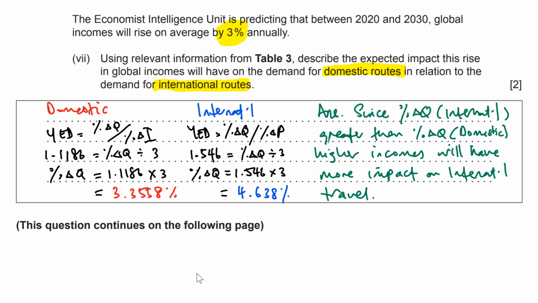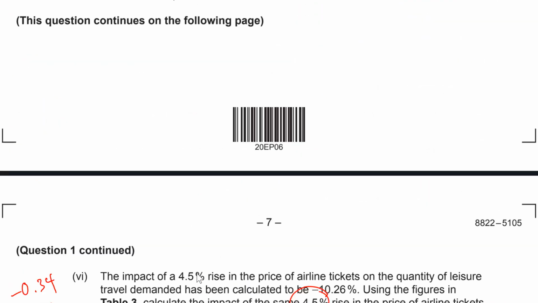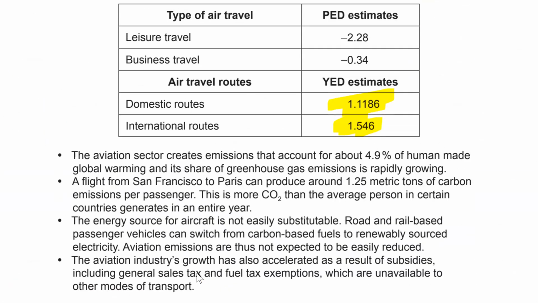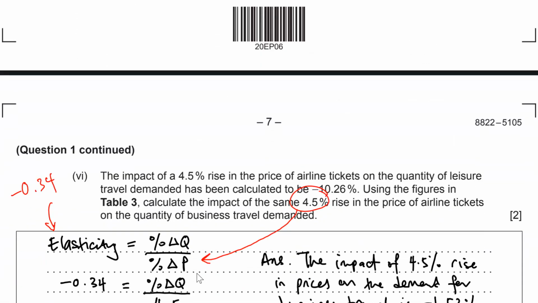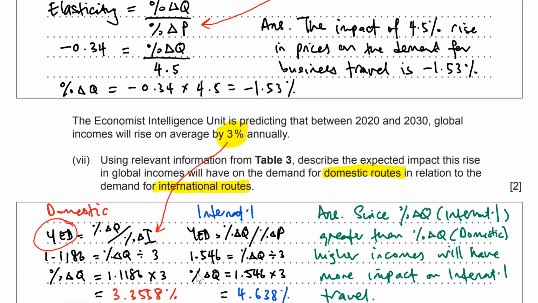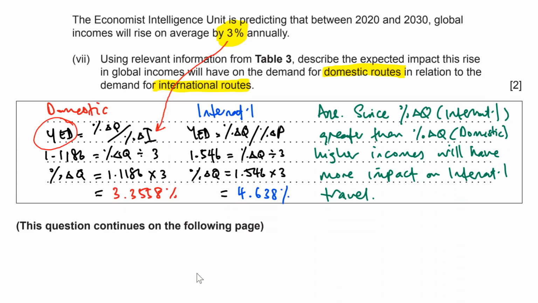The percentage delta I, the change in income, is going to be 3%. The income elasticity for domestic travel we get from the table above, which was 1.1186. We substitute those values in, and we arrive at the next line.